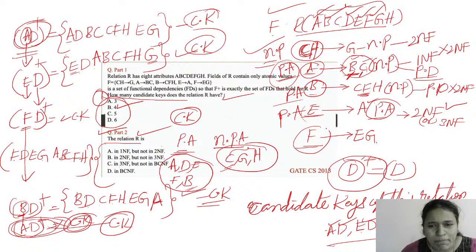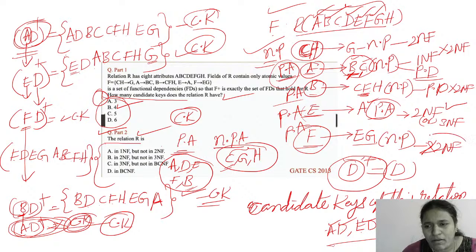F is a prime attribute and EG is non-prime. That means it is also not in 2NF.